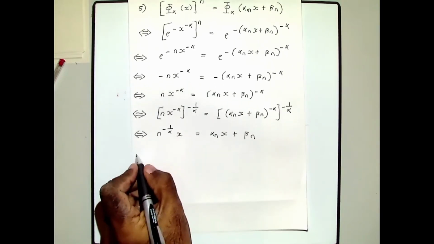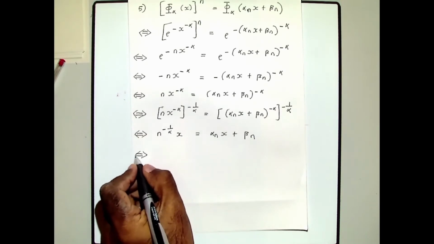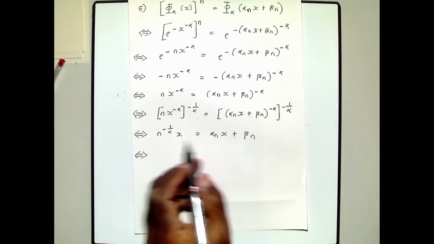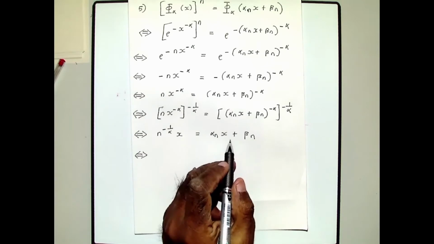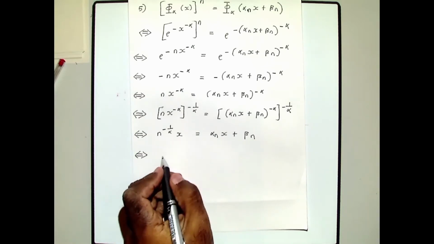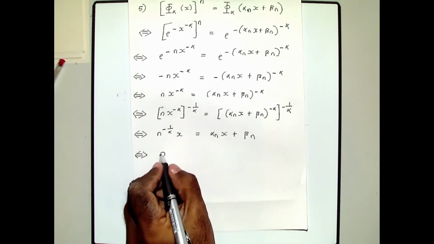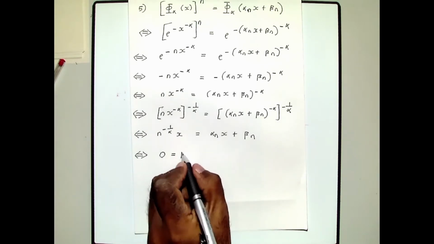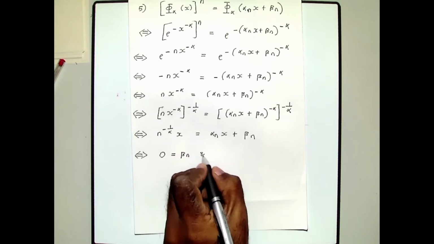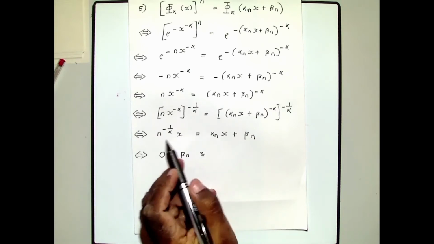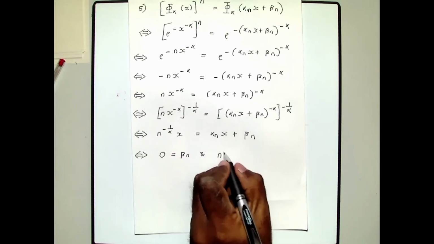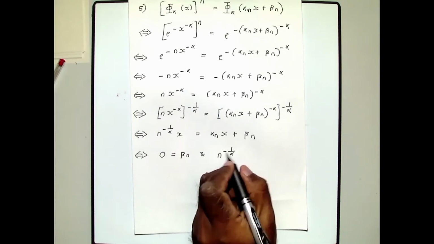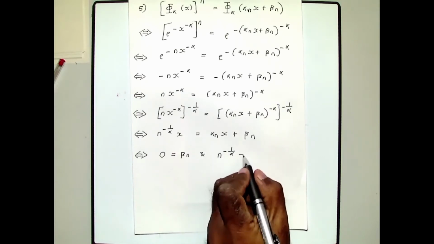Now the same as before, I'm going to equate the coefficients of x on both sides and the constants on both sides. Starting with the constant, on the left hand side it is 0. The constant on the right hand side is beta n. The coefficient of x on the left is this, and the coefficient of x on the right is this.